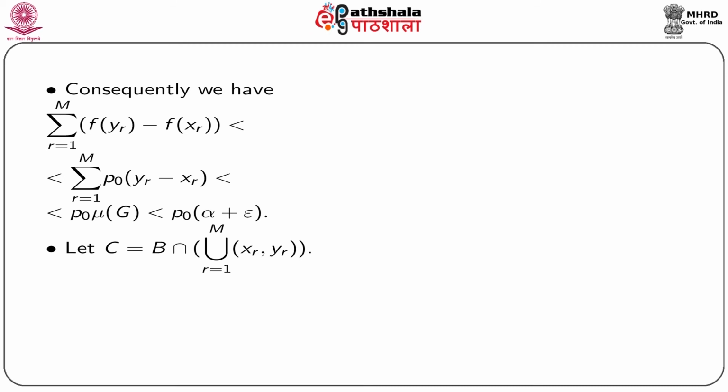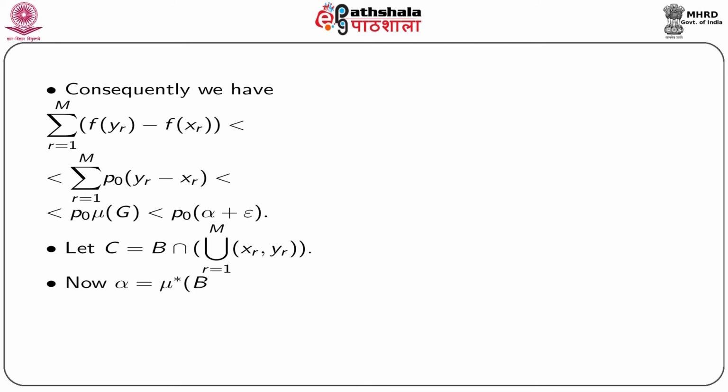Now, let us define the set C as the set B intersection the whole union over r equal to 1 to M of the open intervals (x_r, y_r).